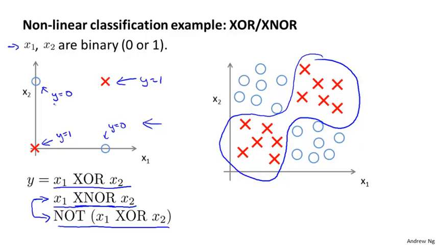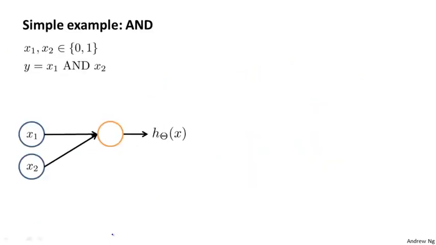In order to build up to a network that fits the XNOR example, we're going to start with a slightly simpler one and show a network that fits the AND function. Concretely, let's say we have inputs x1 and x2 that are again binary, so either 0 or 1, and let's say our target label y is equal to x1 AND x2.